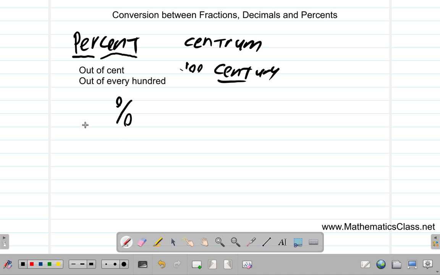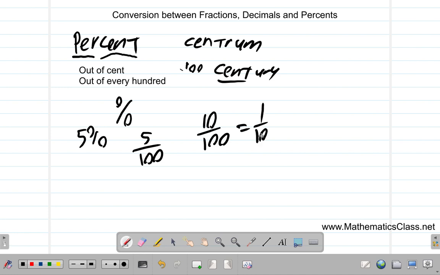So when you say 5%, it means 5 out of every 100, 5 out of cent, right? 5 per 100. 10% means 10 out of 100.